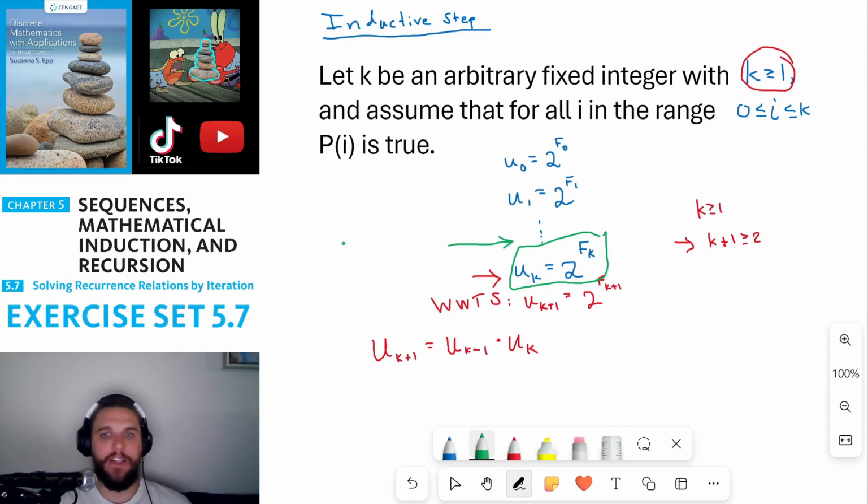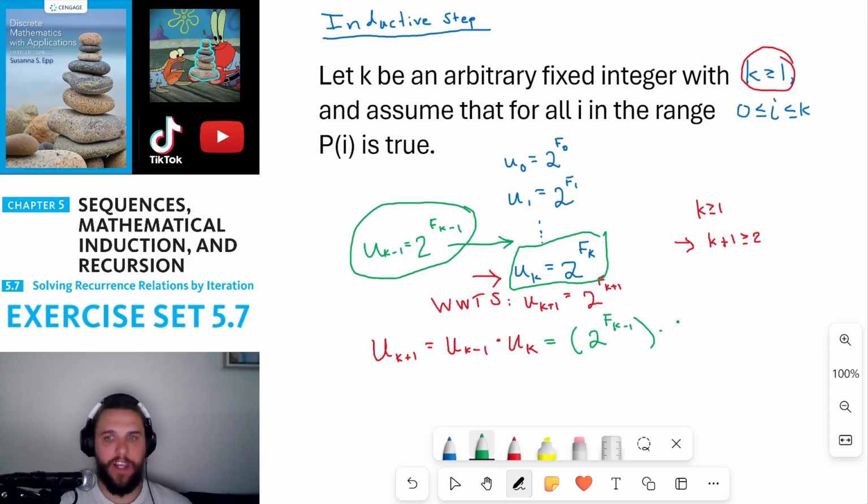But on the other hand, in these dots, since k minus 1 is also one of the numbers in this range from 0 to k, that means that u sub k minus 1 equals 2 to the power of f sub k minus 1. And this we're also going to need to substitute here. So I'm going to use substitution to rewrite this as 2 to the f sub k minus 1. And then the second factor here is 2 to the f sub k.